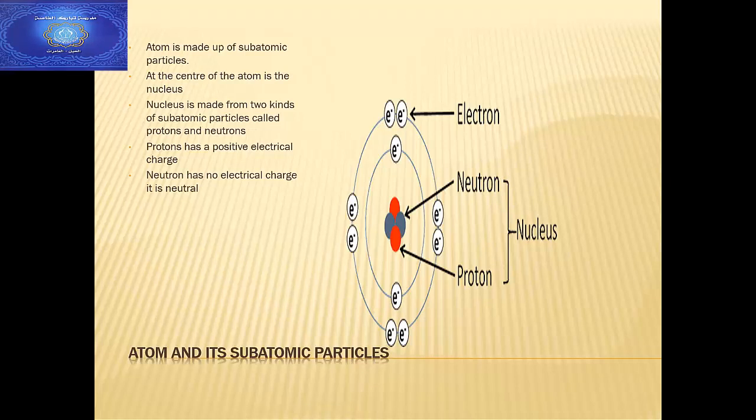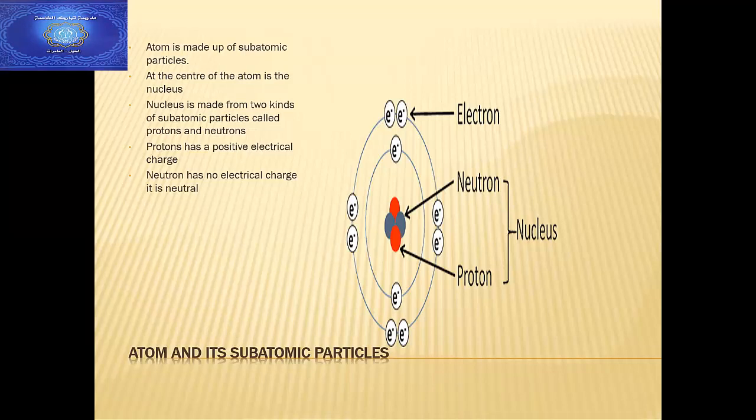It is neutral. And the number of protons is the same as the atomic number. For example, in hydrogen, what is the atomic number? 1. So the number of protons is what? 1. Understand? Around this nucleus there are electrons.